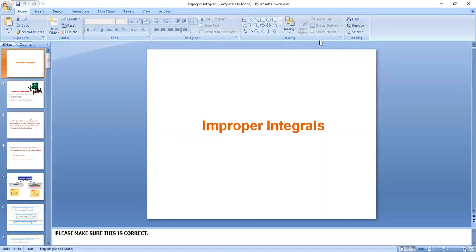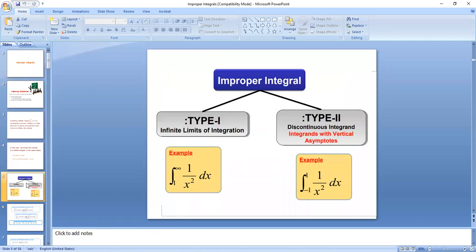So the second topic that we have covered last week is already the improper integral. And we have discussed under improper integrals two types.